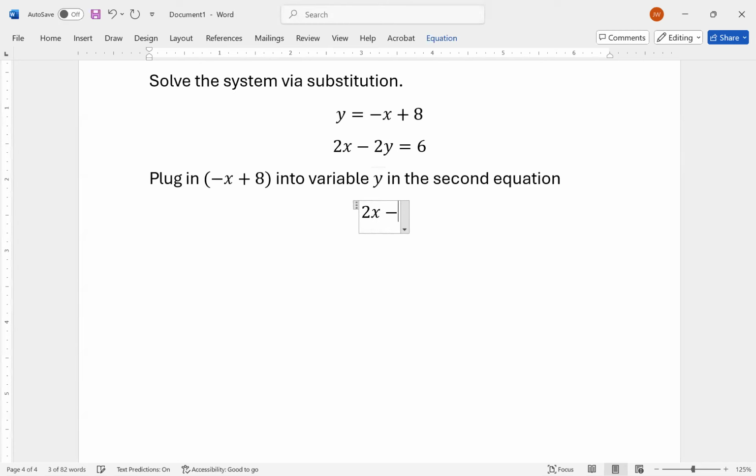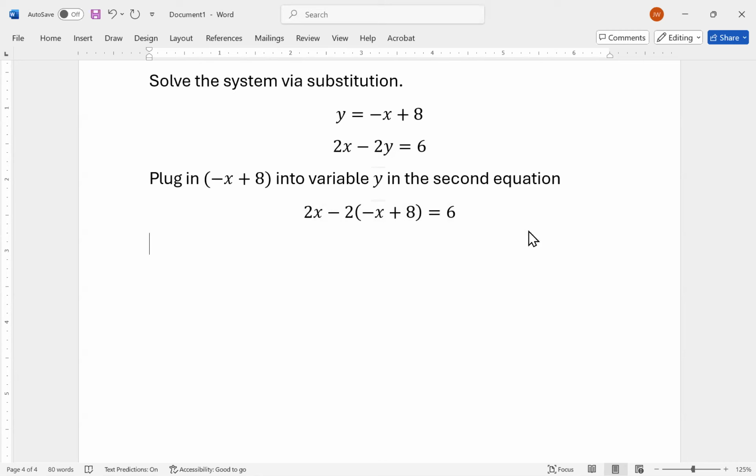Be careful when you plug that in. You need to plug it in inside of parentheses. And then set that equal to 6 because the right-hand side is equal to 6. That's the substitution part.